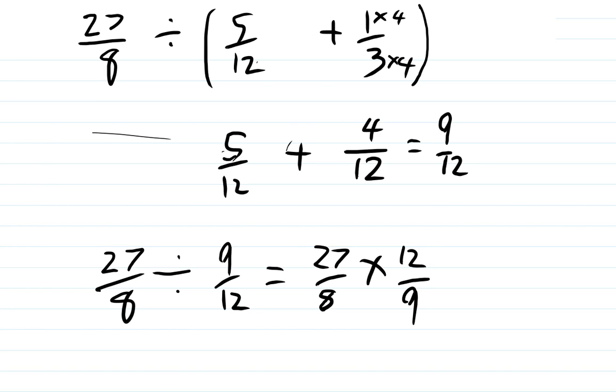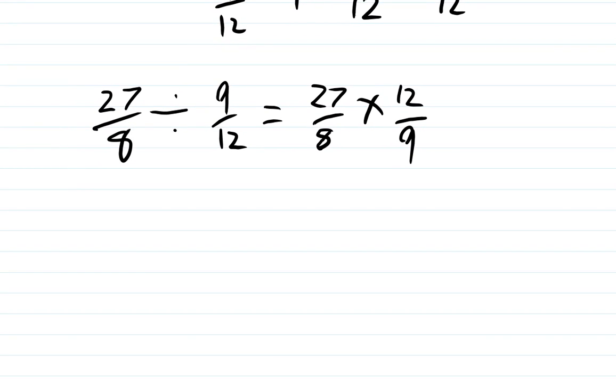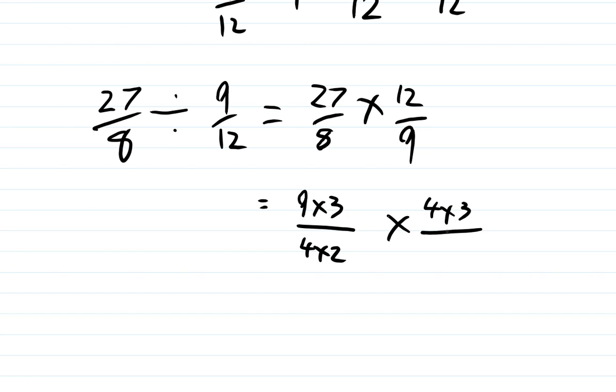Now, we could work this out straightforward, but let's break it up into some steps. What is 27? 27 is 9 times 3 over what is 8, which is 4 by 2. And that is multiplied by 12, which is 4 by 3, over 9, which is just 9 by 1. So let's put like terms together.